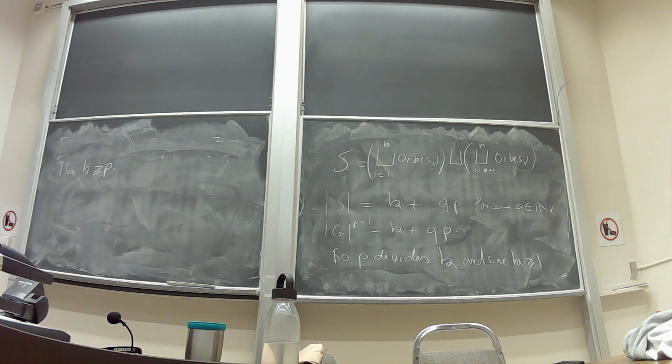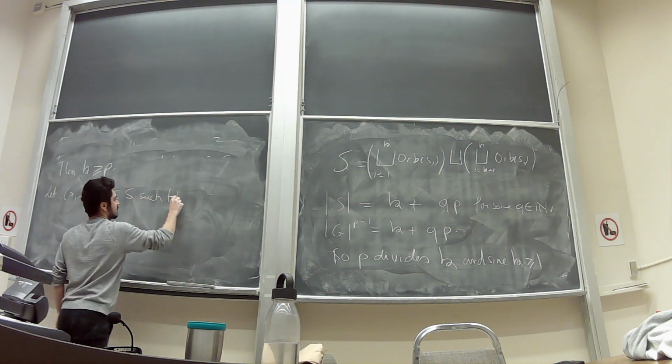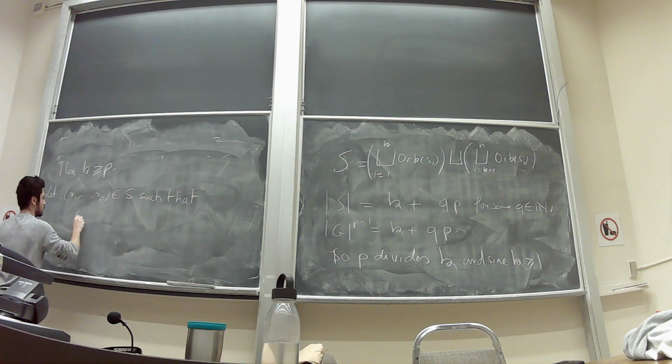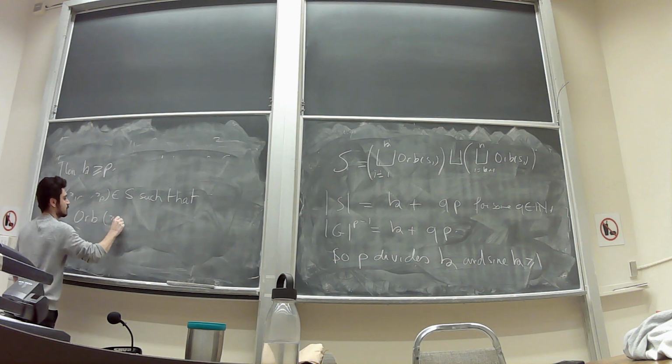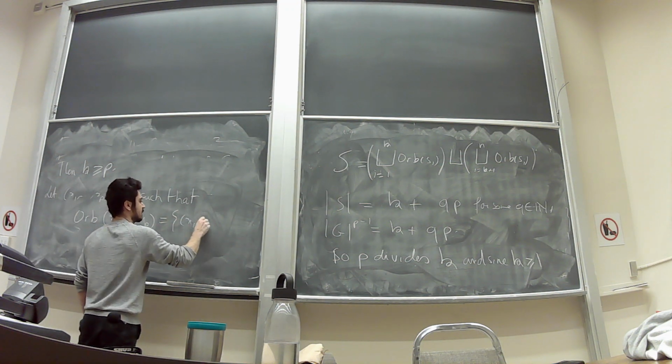When is an orbit a singleton orbit? Let's say (x1, ..., xp) is in S such that the orbit of (x1, ..., xp) is itself.